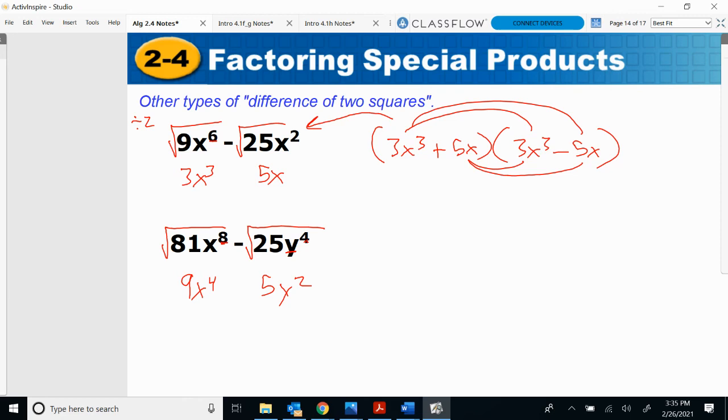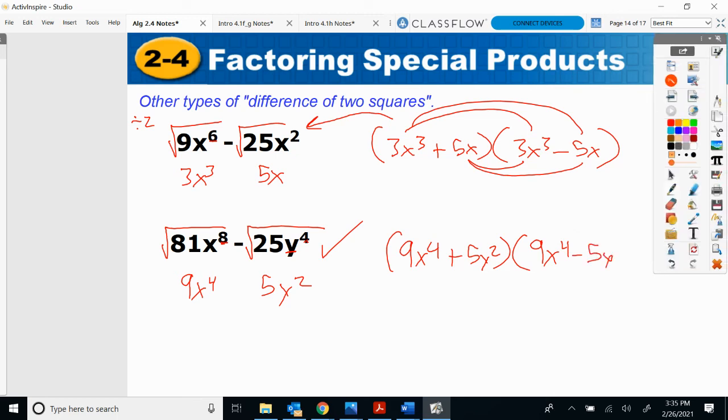We were able to square root both of those. So this is what happened. We had 9x to the 4 plus 5y squared multiplied by the same thing except minus: 9x to the 4 minus 5y squared. Let's fix that y. There we go. That's what got FOILed together to give us that answer over there.